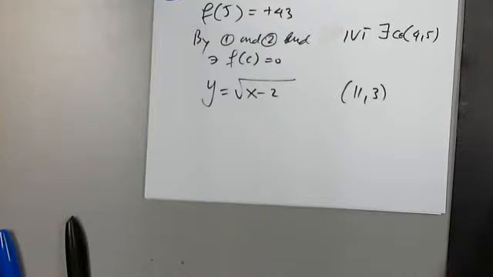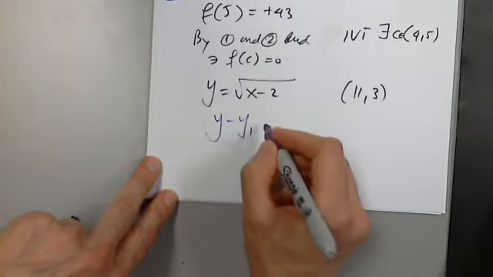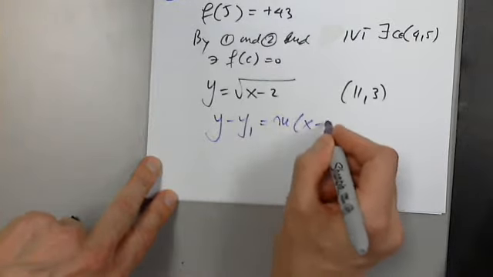What do I have to do? Where is my starting point? What do I think of first? Set up the difference quotients. Yes, because I need the slope. Yes, very good. So the equation is y minus y1 equals the slope times x minus x1.